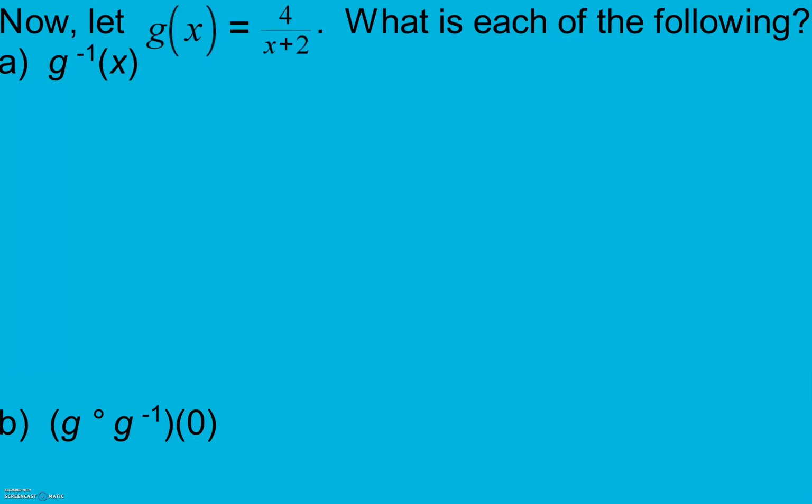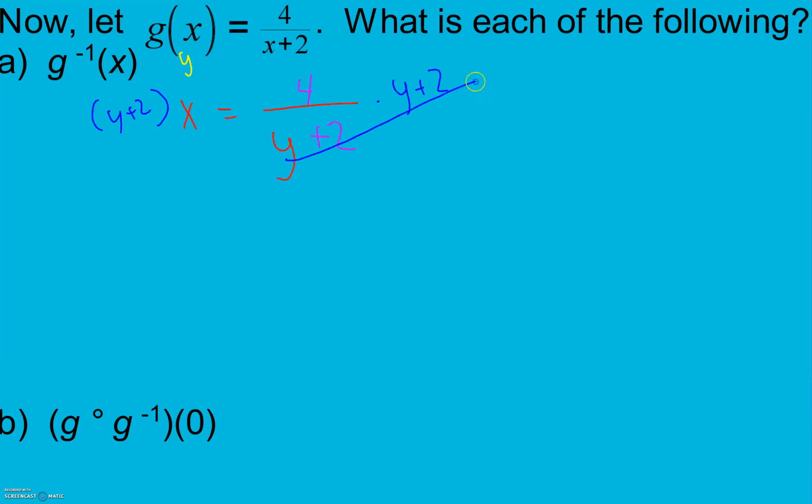First thing we need to find is our inverse. And remember, g of x is just like our y. So when I swap my x and my y, everything else in my equation stays the same. Now, I'm going to solve for y. I'm going to get rid of my fraction by clearing my denominator.